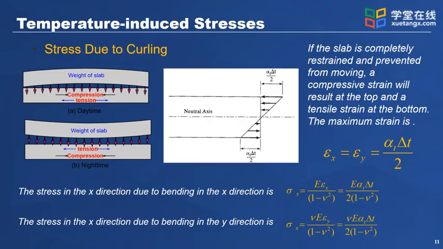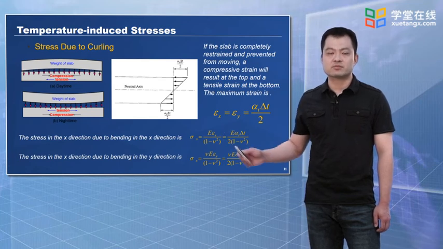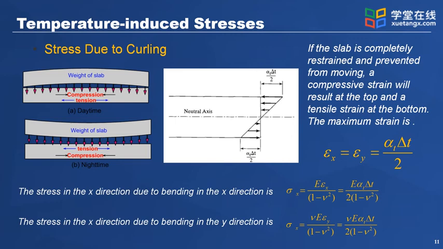The stress in x direction due to bending in the x direction is calculated as this equation, and the stress in the x direction due to the bending in the y direction is calculated as this. For an infinite slab, the total stress in x direction can be simply obtained by adding previous two equations together.